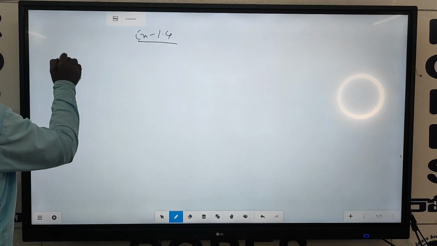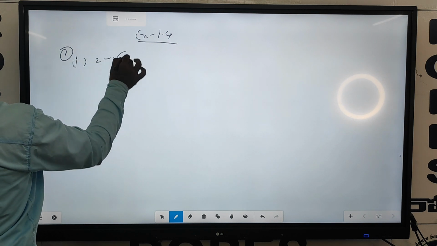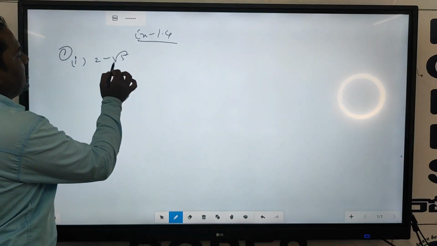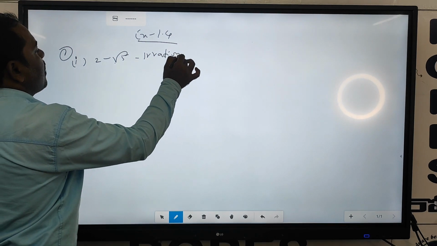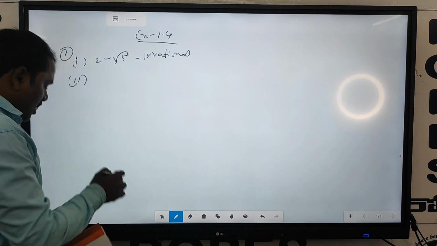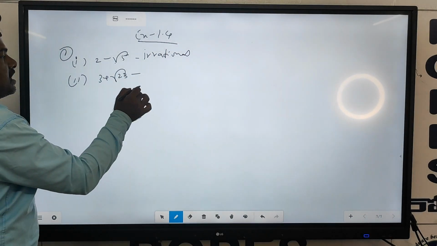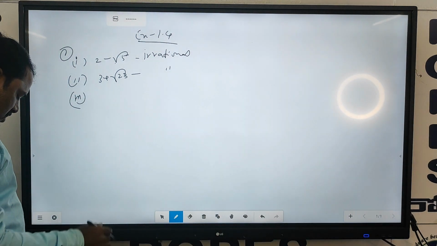First, they have given 2 minus root 5. Directly we can say it is irrational. Second, 3 plus root 23. Directly it is irrational. Next, third one.